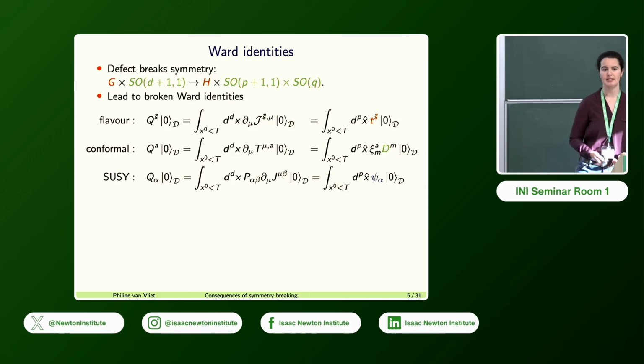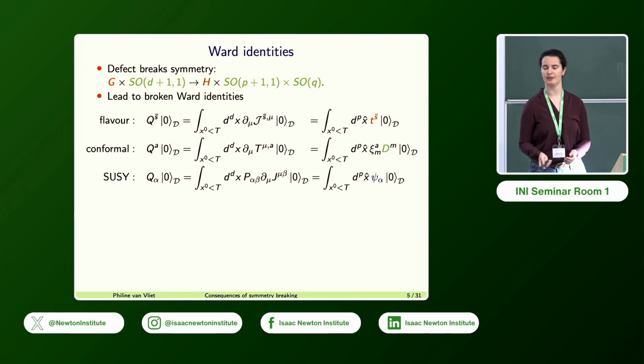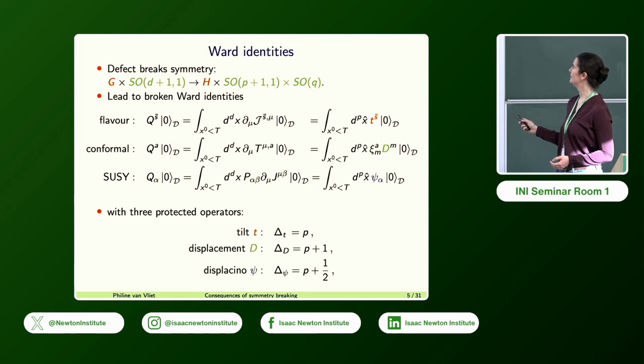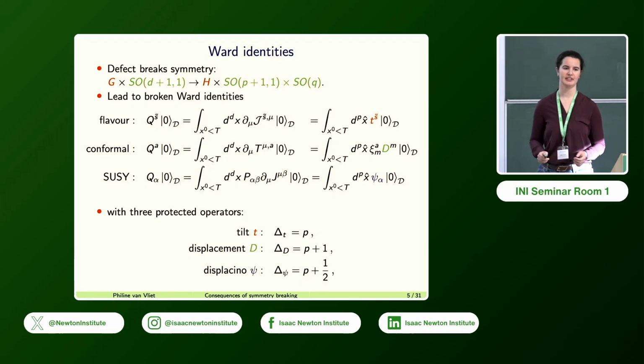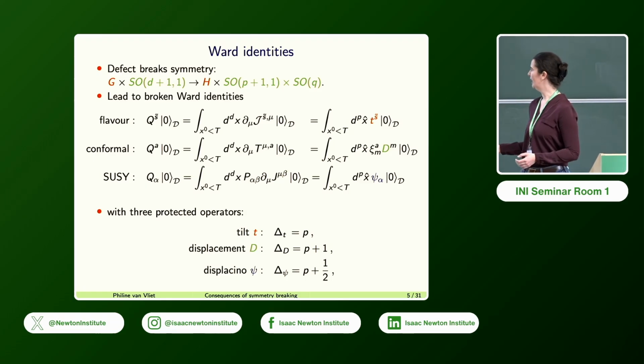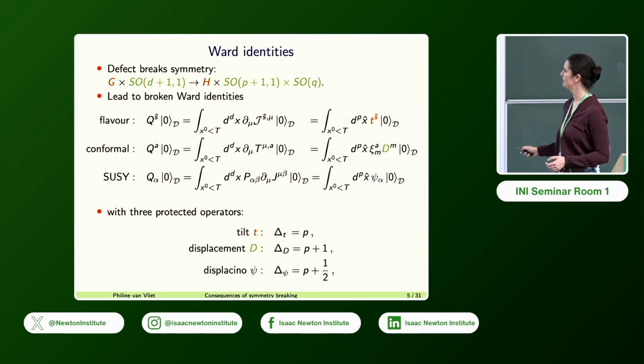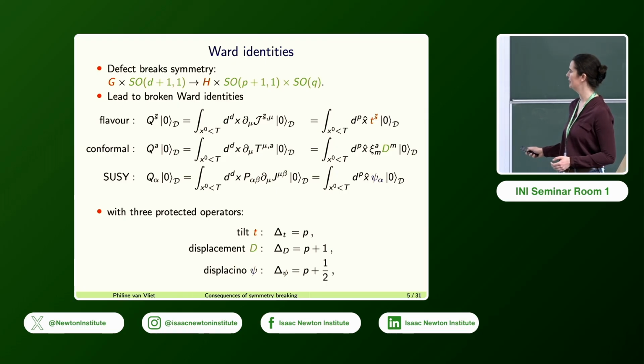Each of these leads to a protected operator on the defect. In order, these are the tilt, the displacement that we already saw in Marco's talk, and a third fermionic operator that had no name before, and we called it the displacino. All of these have dimensions that are related to the dimension of the defect: P for the tilt, a marginal defect operator, P plus 1, and P plus a half.